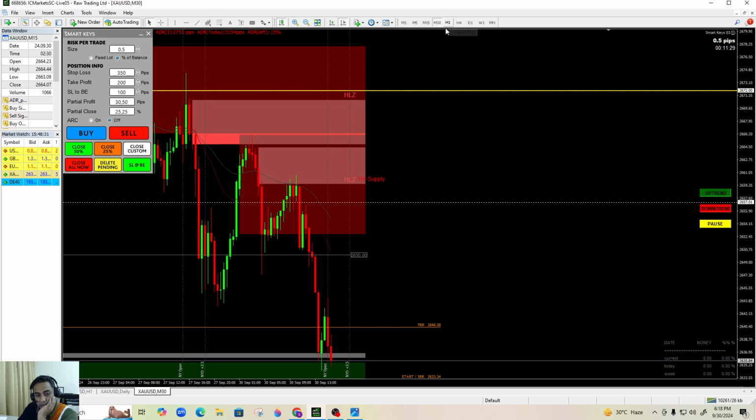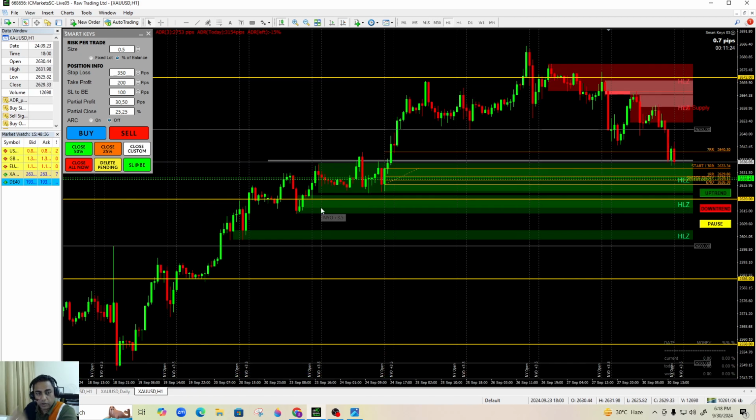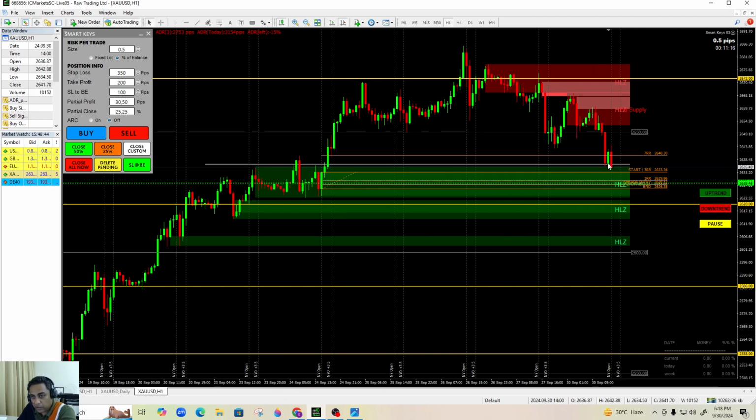Now you can see how clearly visible it is on the H1. You can see how price tapped it there, closed above, closed back below. It touched it here, then closed above. And then you can see how price bounced right there, then closed above. Now it's kind of closing back below, right?